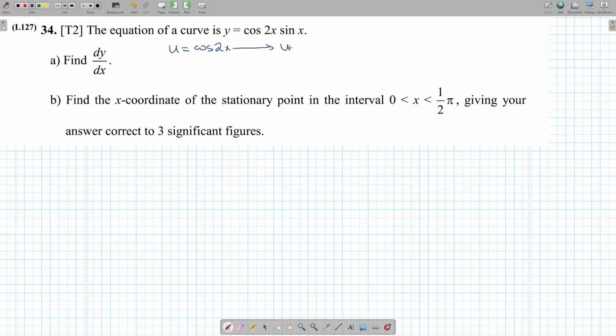Therefore u prime is negative sine 2x times the derivative of what's inside, which is 2, right? So let's just write it as negative 2 sine 2x. Then v is sine x, so v prime is cosine x. So u prime v is going to be negative 2 sine 2x times sine x.